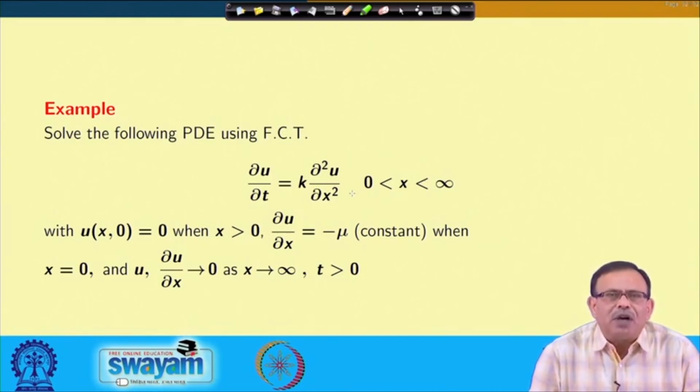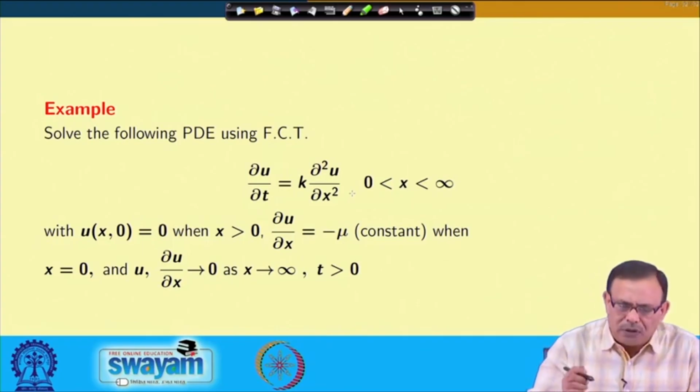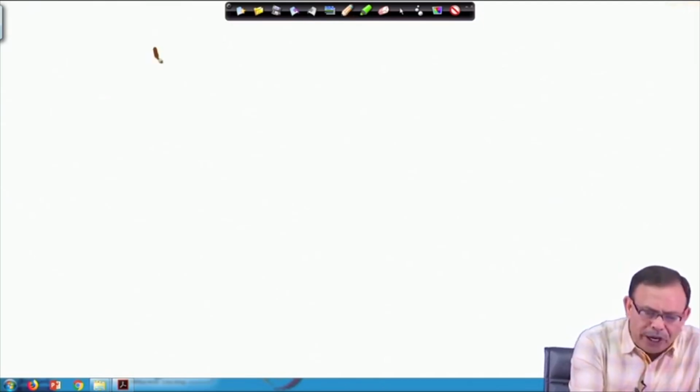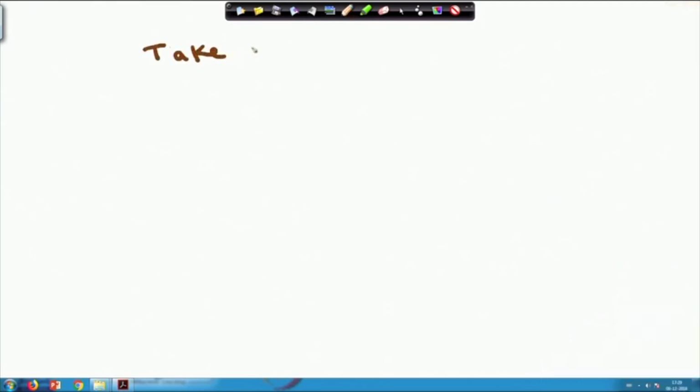Since the value u(x,0) equals 0 is given and the del u del x value is provided, we apply the Fourier cosine transform on this to find the solution. So, you take the Fourier cosine transform with respect to x on this, so root over 2 by pi will come.